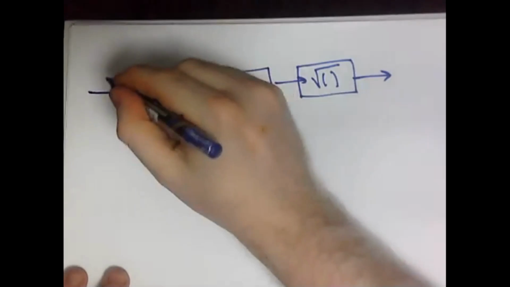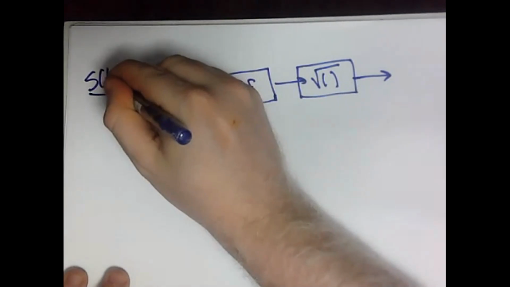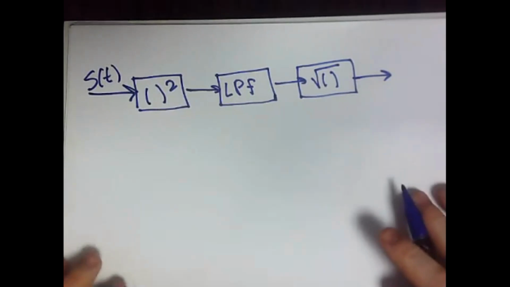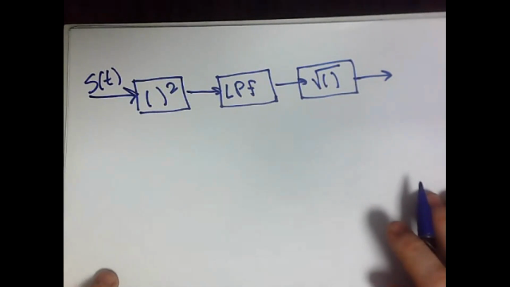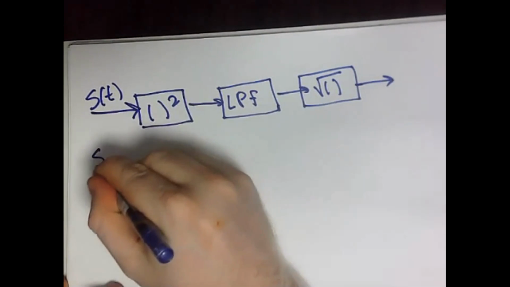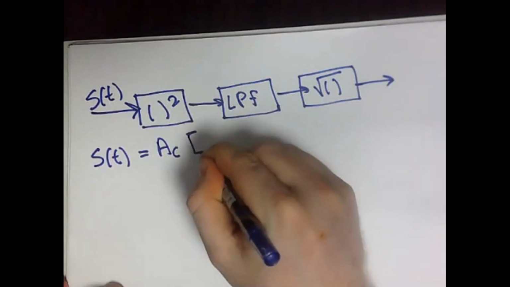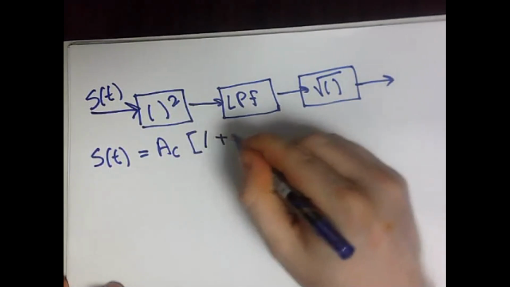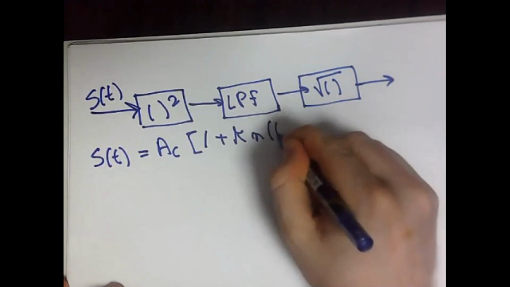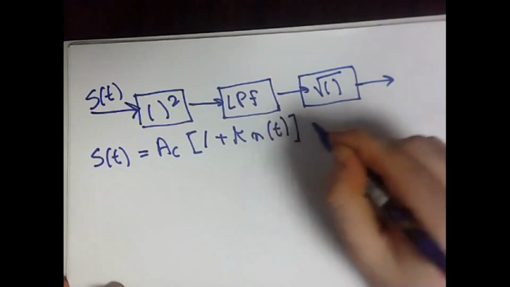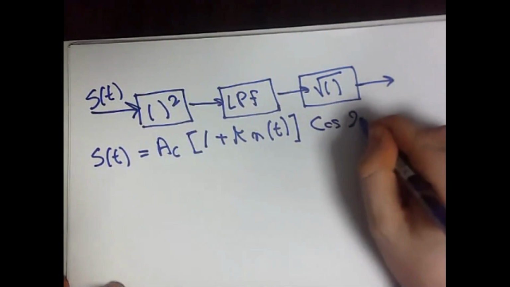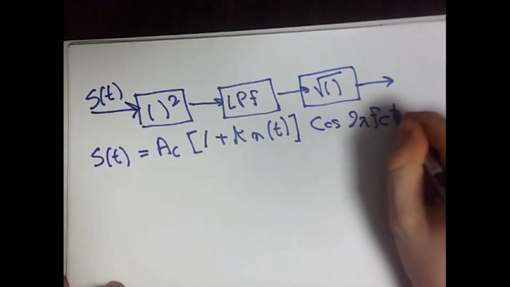So what is the input? The input is basically this S of t. So what is S of t? Very easy. S of t is Ac times 1 plus k m of t, times cosine 2 pi fct.